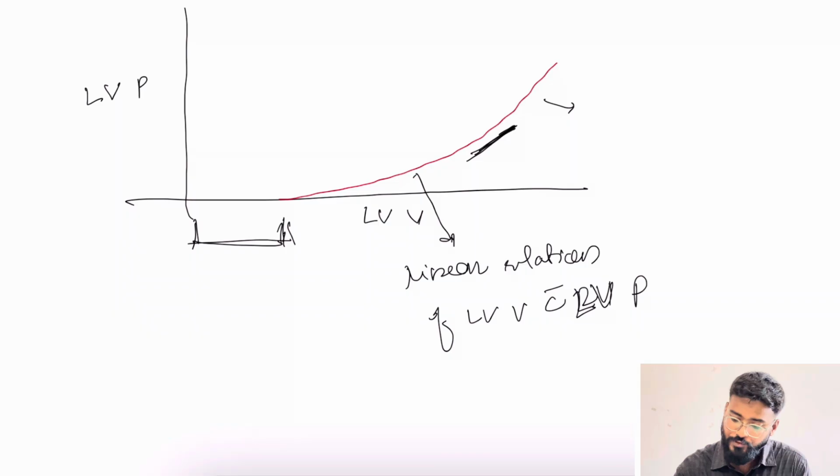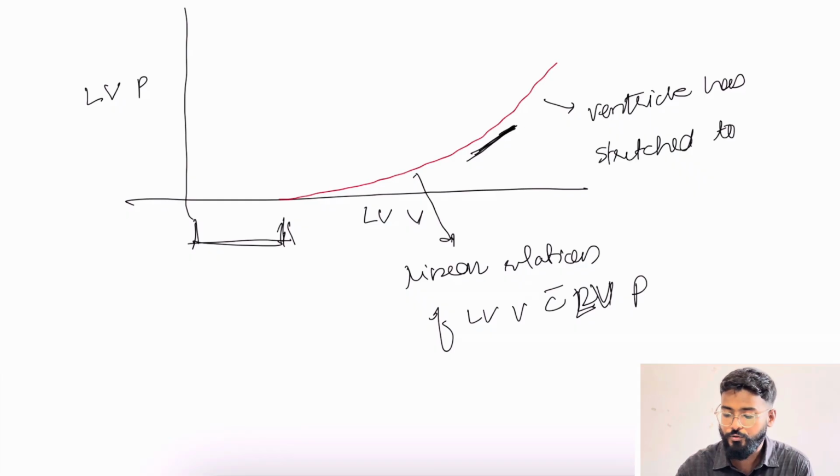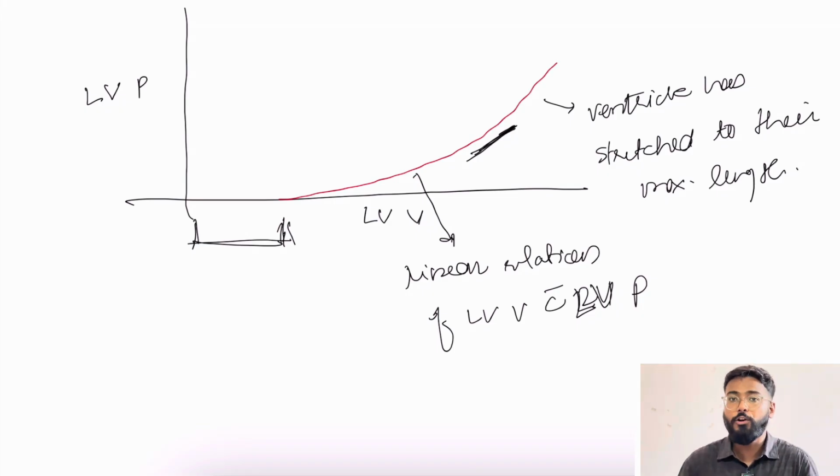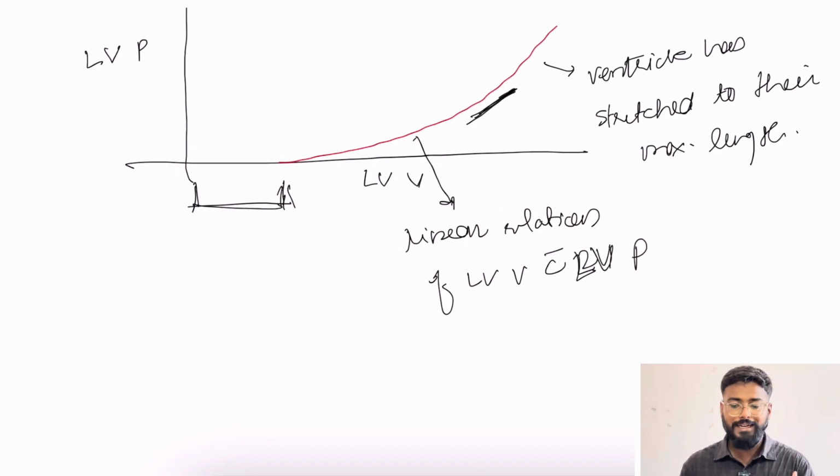Here, you can say the ventricles have stretched to their maximum length, and beyond that they cannot elongate further. So even if we increase even a slight amount of volume, the pressure is going to increase much more as compared to the increase in the amount of volume.